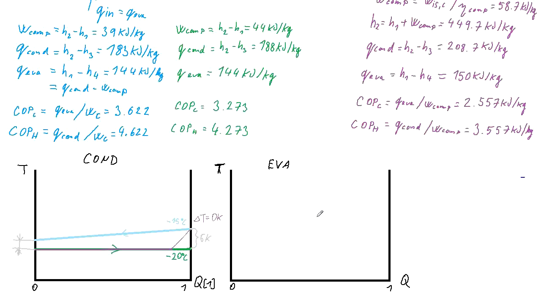Now let's have a look at the condenser. So we have the air into which the heat is rejected, which is at plus 25 degrees C. And as the heat is transferred into this air, its temperature also needs to increase.